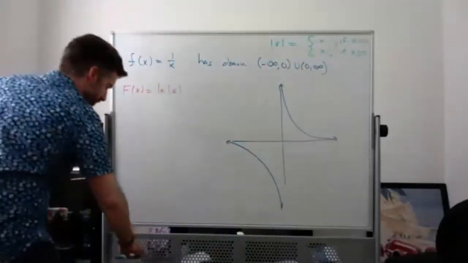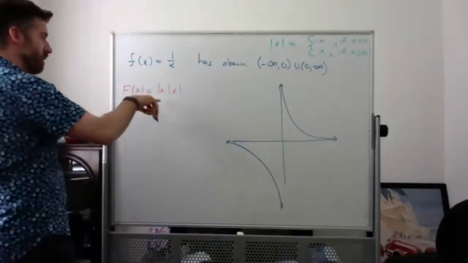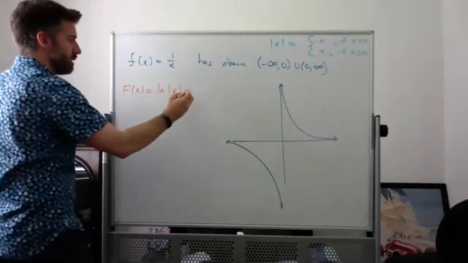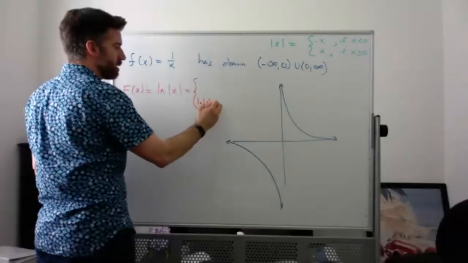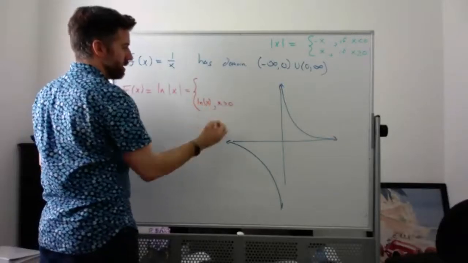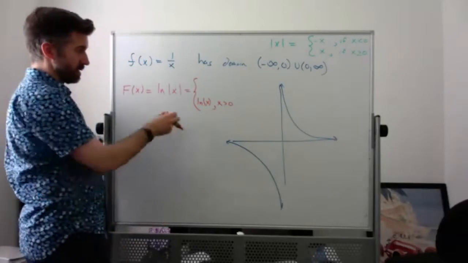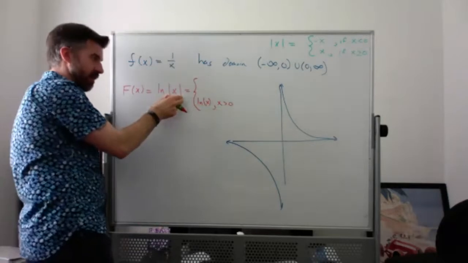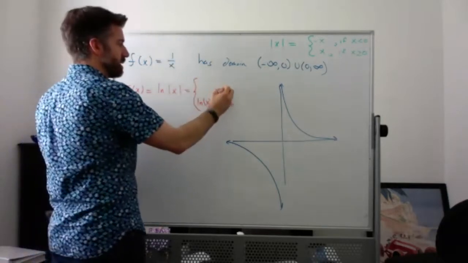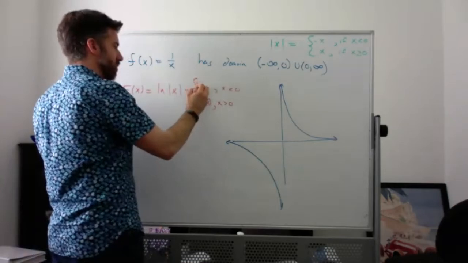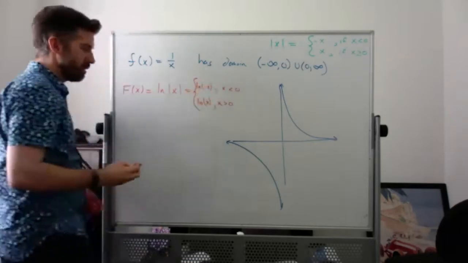So we're going to use that here. I'm going to rewrite this function as the natural log of just x when x is positive, right? Because if x is positive, I'm just replacing the absolute value of x with good old regular x. And when x is negative, it's the natural log of negative x.